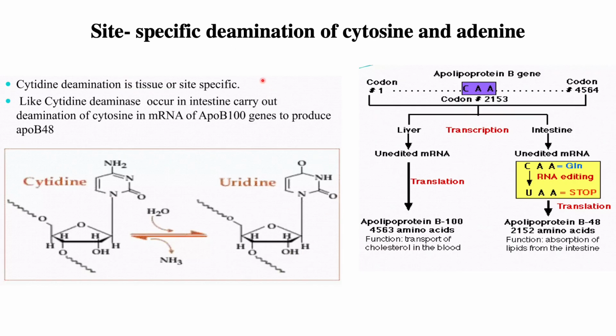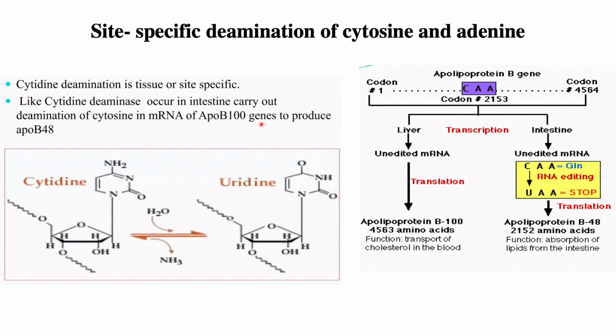Let's now look at the first type, the site-specific deamination of cytosine and adenine. The first example is the deamination of cytosine. Like the name suggests, deamination is the removal of an amine group of the cytosine base, and this forms a uracil.